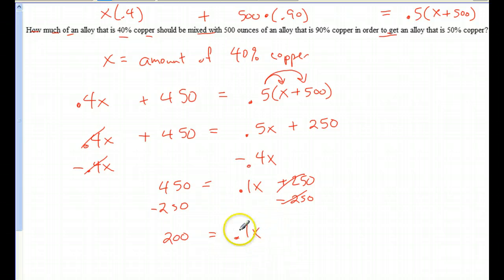So 0.1x equals 200. We don't want 0.1x, we just want 1x, so we divide by the number in front of that, and we get x is equal to 2,000 ounces.